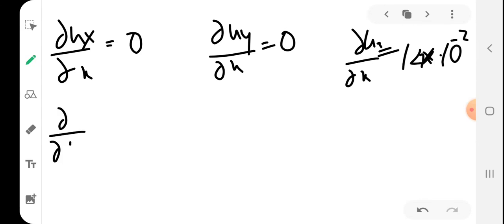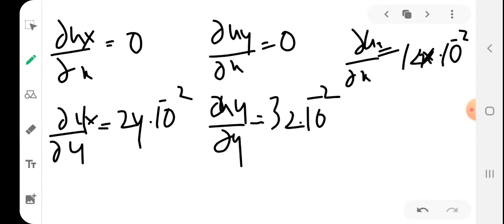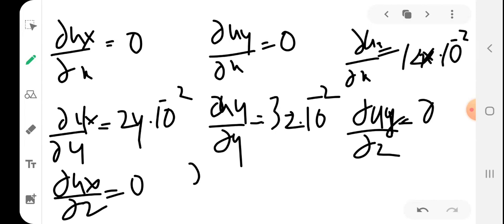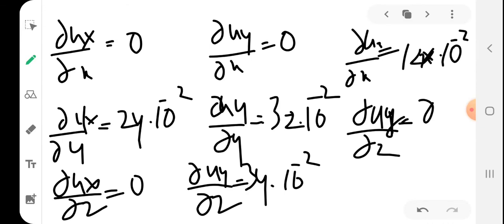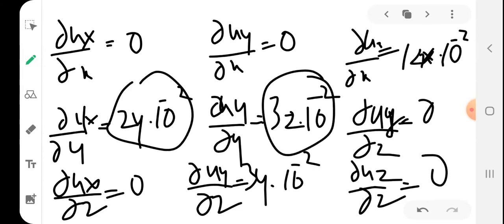Similarly, ∂ux/∂y equal to 2y into 10 raised to minus 2. ∂uy/∂y equal to 3z into 10 raised to minus 2. ∂ux/∂z equal to 0. ∂uy/∂z equal to 3y into 10 raised to minus 2. ∂uz/∂z equal to 0. Okay, so you have values for these.